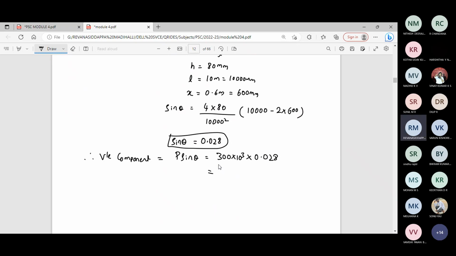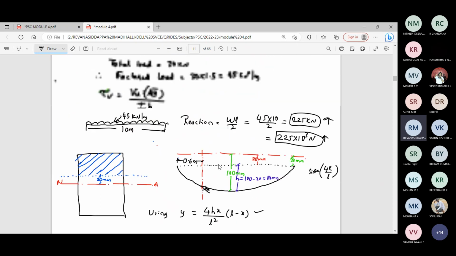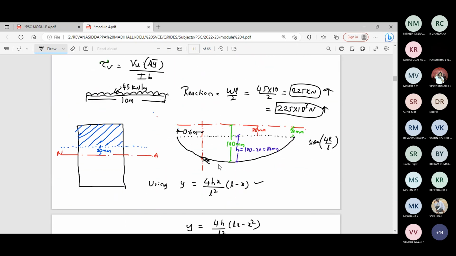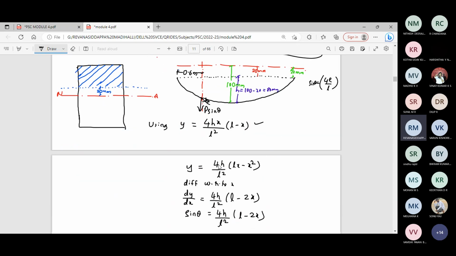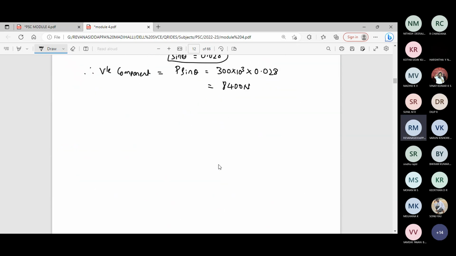If you calculate, you will get 8,400 Newton. Remember, this P sin theta, the vertical component of the prestressing force, will be in the downward direction. Be careful about the directions, because based on the direction you will adopt the sign. So it is 8,400 Newton downward.